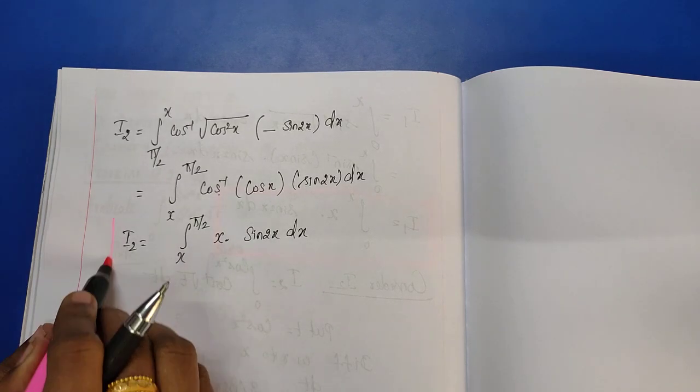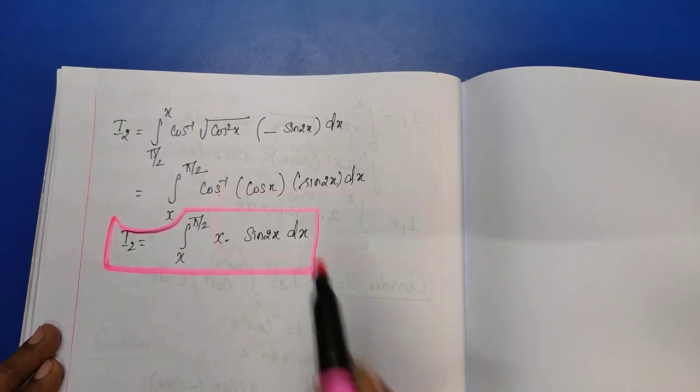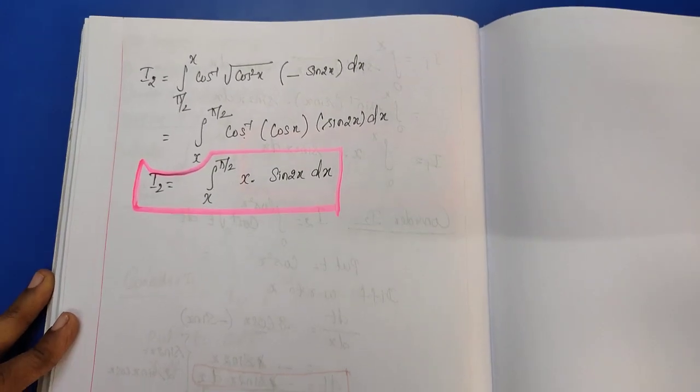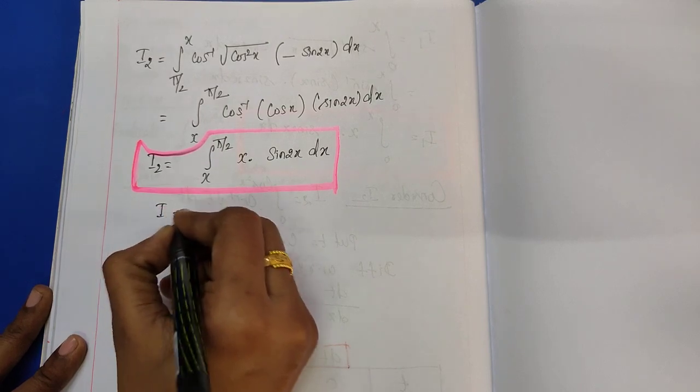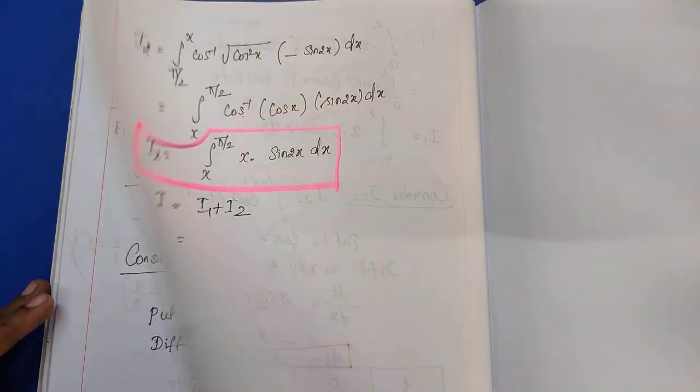Now I is equal to I1 plus I2. So write the I1 term.